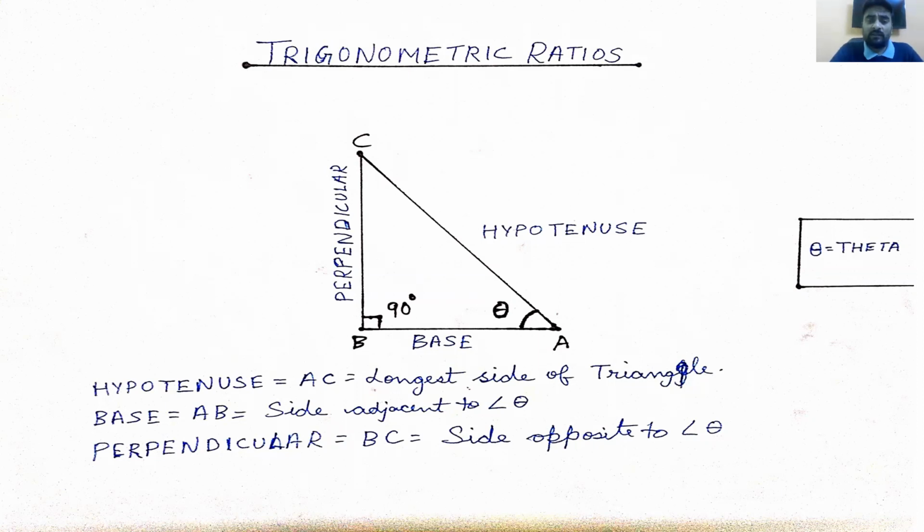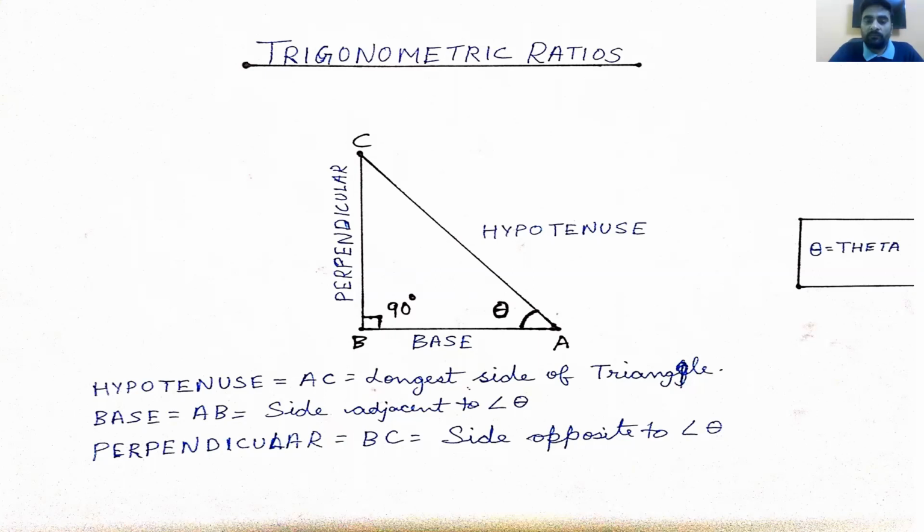Let's study some terminologies about this particular right angle triangle. We all know that in a right angle triangle, the hypotenuse is the longest side of the triangle. You can see in this particular triangle, AC is the longest side, which can also be named as hypotenuse. Now, which is the base? The side adjacent to angle theta.